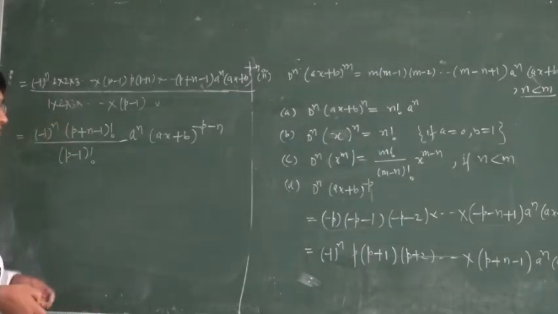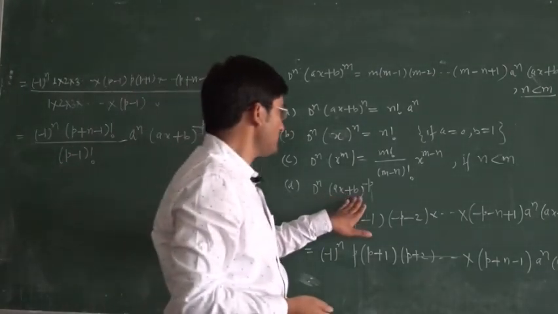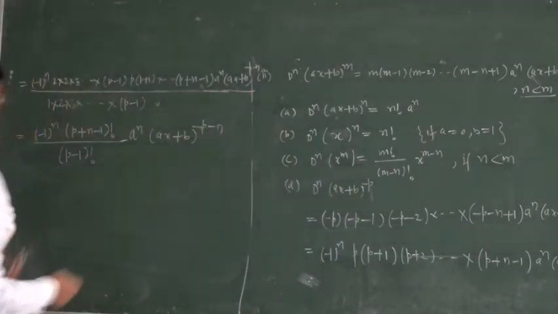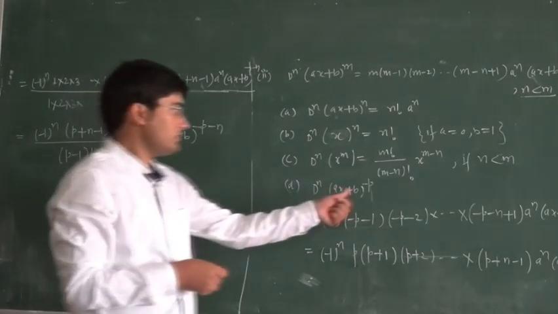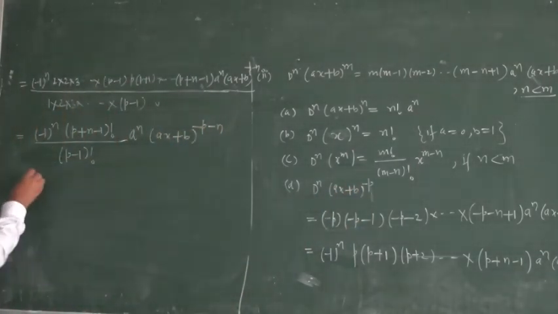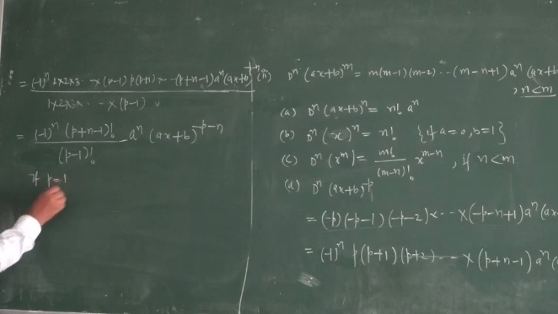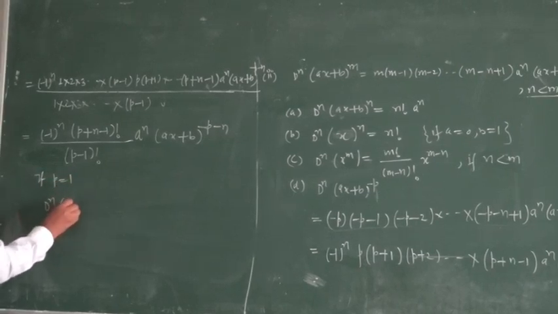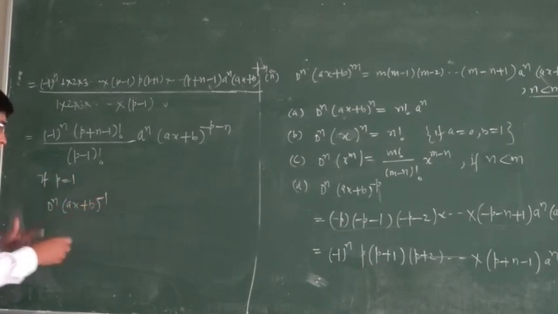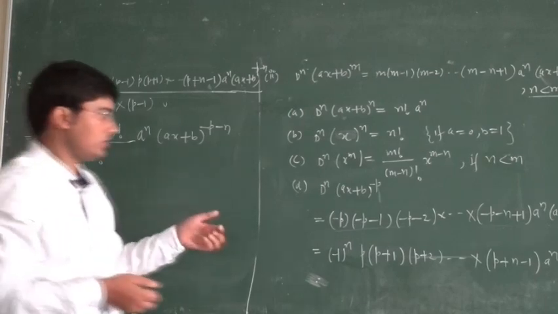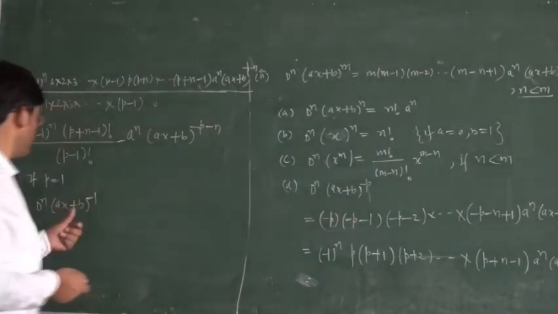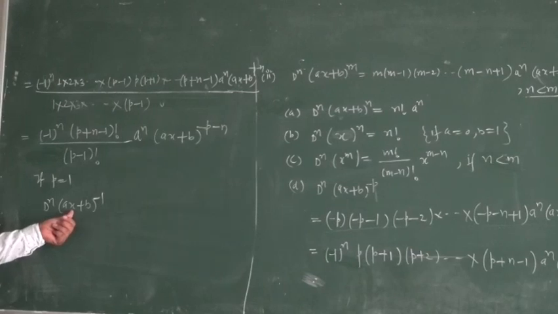So this is the nth derivative of (ax plus b) power minus p. Suppose that p is 1. If p is 1, then the nth derivative of (ax plus b) power minus 1, we can also find directly without using this formula. Just try to differentiate it one time, two times, and then find out its nth derivative. We can have this result directly.